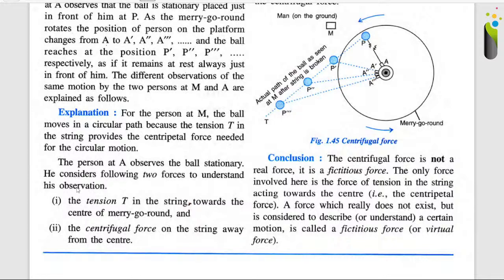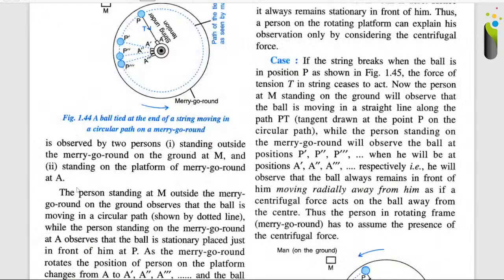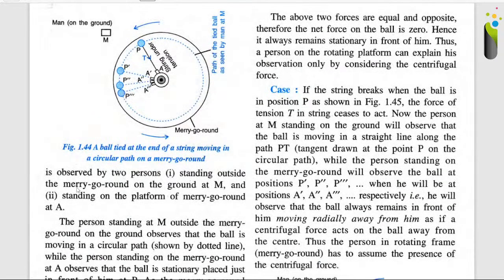First, the tension T in the string towards the center of the merry-go-round, and second, the centrifugal force on the string away from the center. The above two forces are equal and opposite. Therefore, the net force on the ball is zero. Hence, it always remains stationary in front of him.